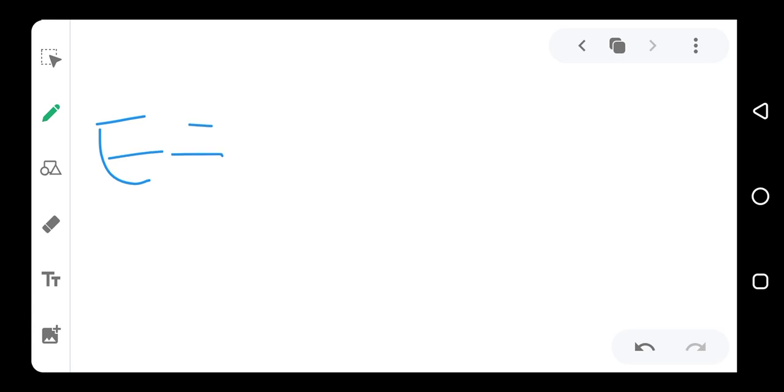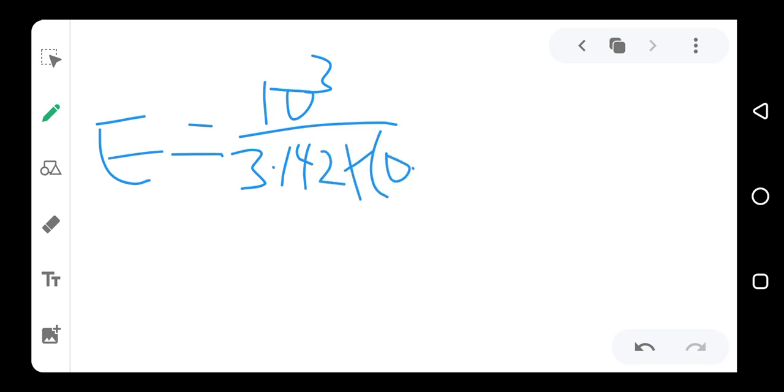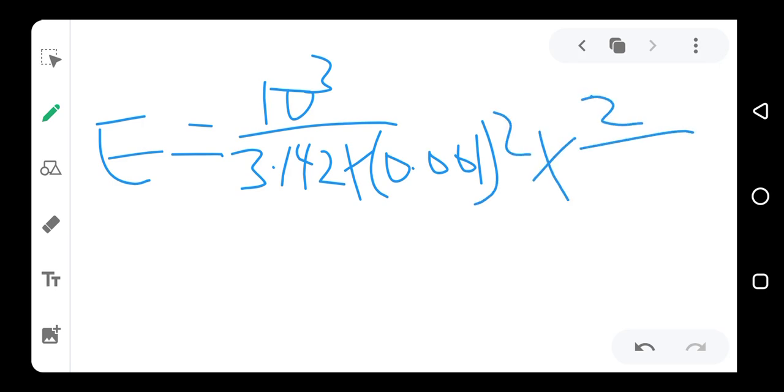What we are now going to have is Young modulus is equal to 10 raised to power 3 over 3.142 times by 0.001 raised to power 2, times, we have now changed the division sign to multiplication sign, then we have inverted the second fraction, 2 over 0.0025.